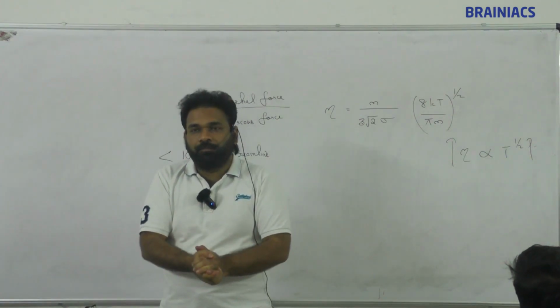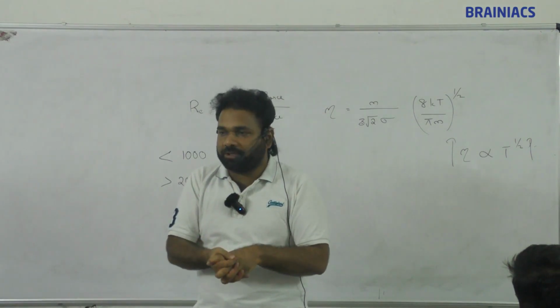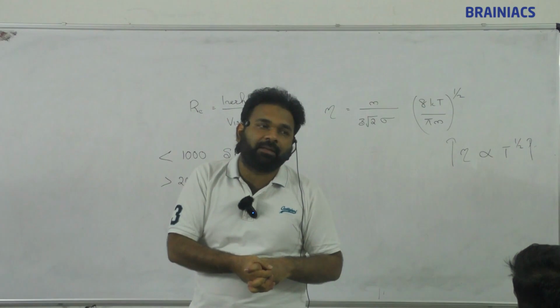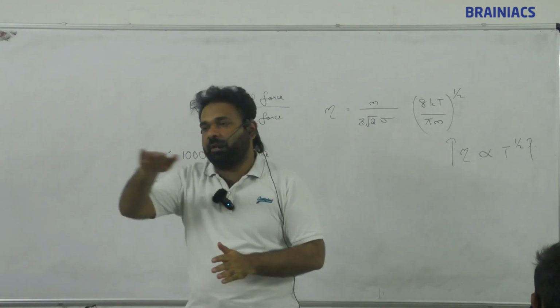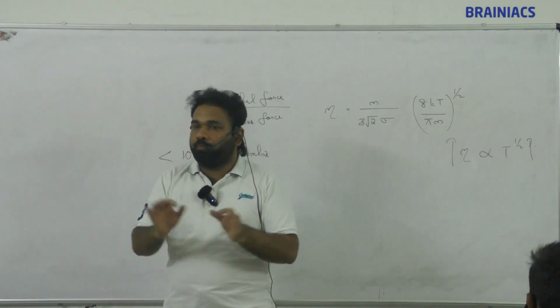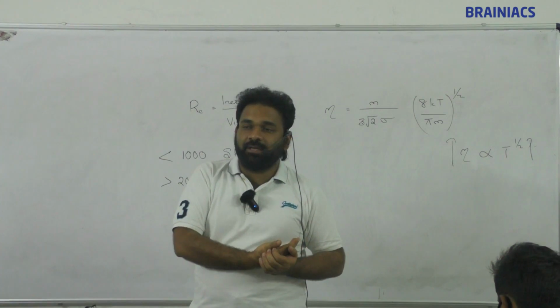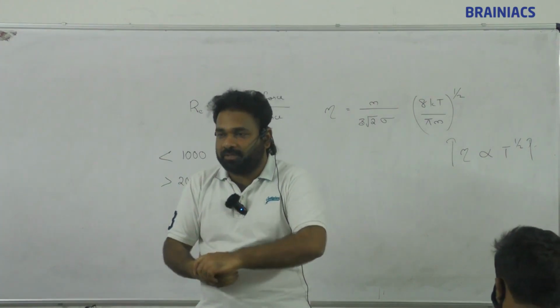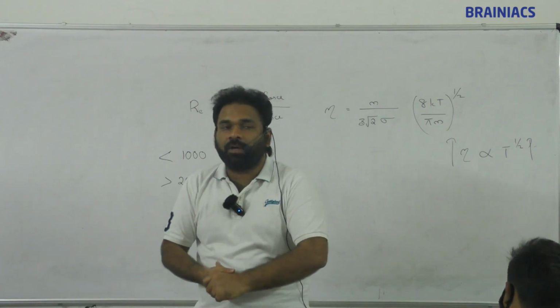Then capillary action. If the force of adhesion is equal to the force of cohesion, will there be any capillary rise? Will there be any capillary fall? It will be steady. Correct? Pure water. Okay. If the force of cohesion is greater than the force of adhesion, example, mercury, what will happen?